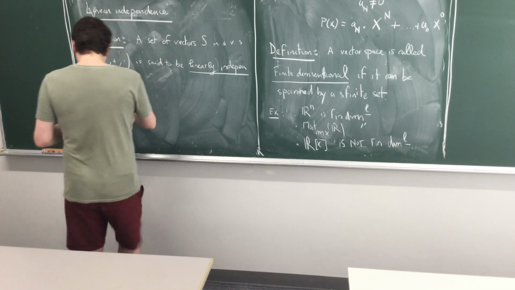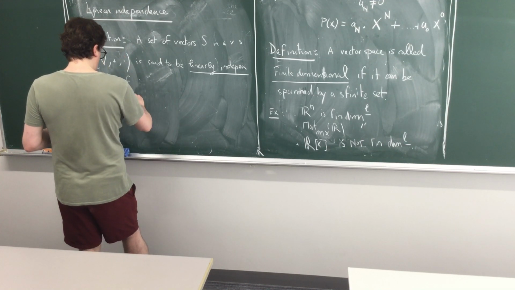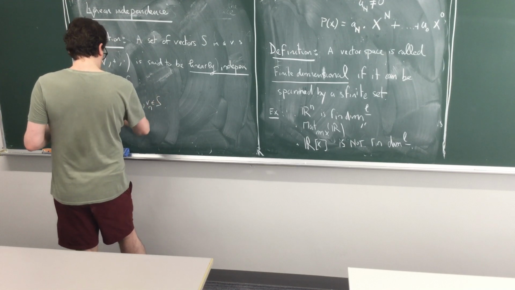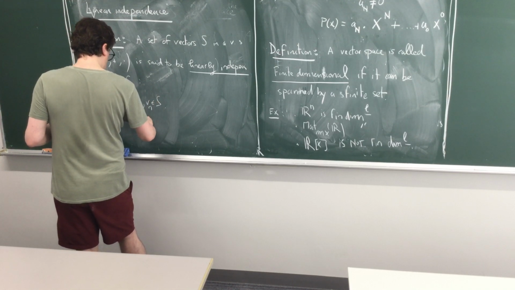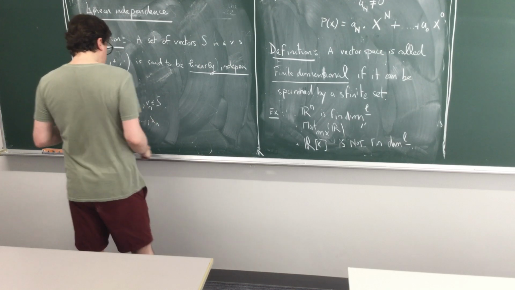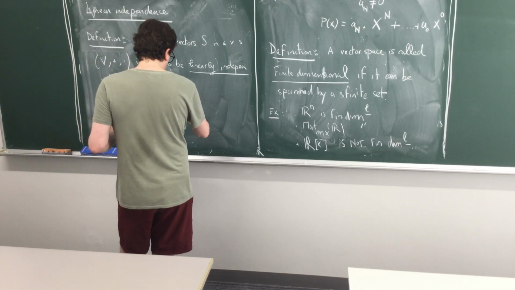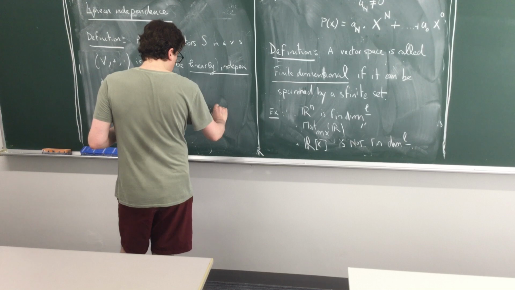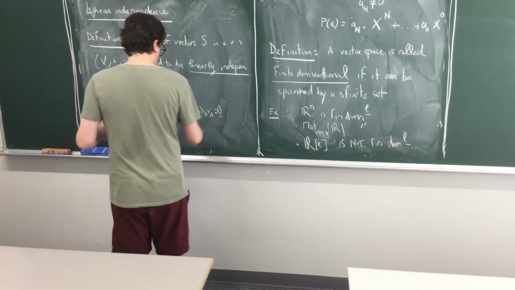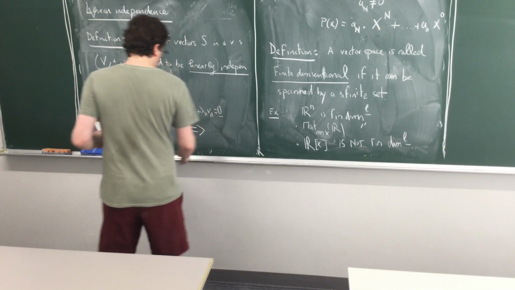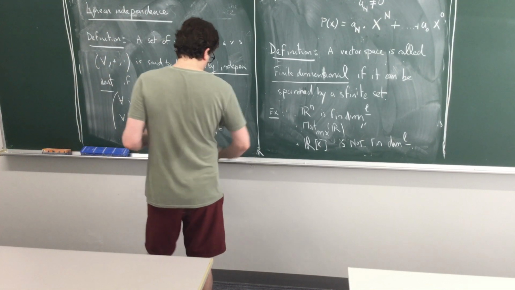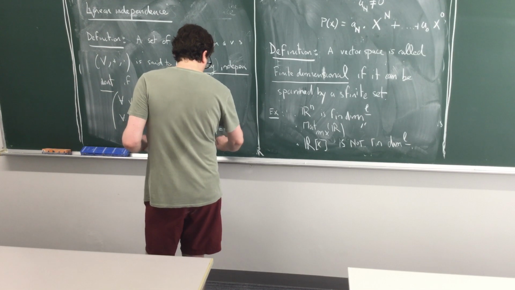we have the following condition: for any v_1, ..., v_n in S, and for any scalar coefficients lambda_1, ..., lambda_n, if we have the linear combination lambda_1 v_1 plus ... plus lambda_n v_n equal to the zero vector, then this will imply that the coefficients, the scalars lambda_i, are all zero.